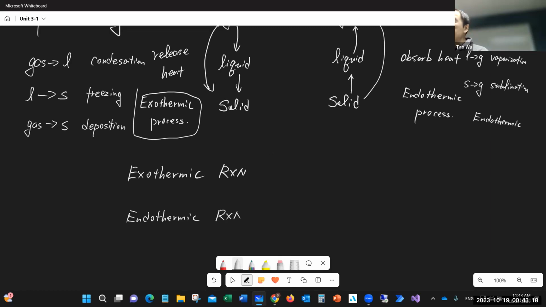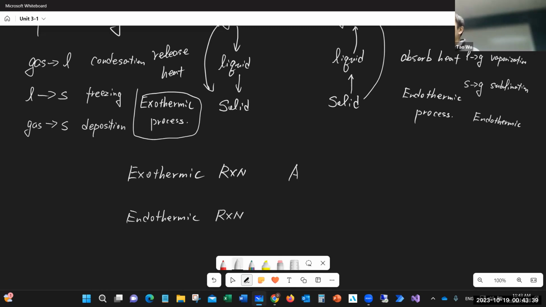Besides the phase change, that's a process, but we do have endothermic or exothermic reactions. Generally, it's a similar concept. The exothermic reaction means they're going to release heat after the reaction.